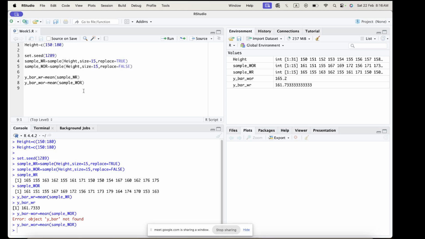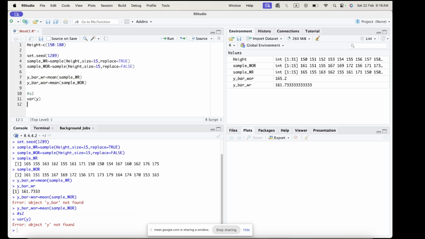Now how do I get the variance? In order to do that, I will first want the variance of y. This is my small s square.